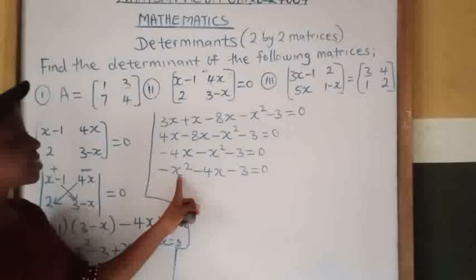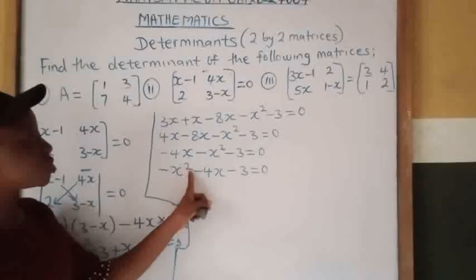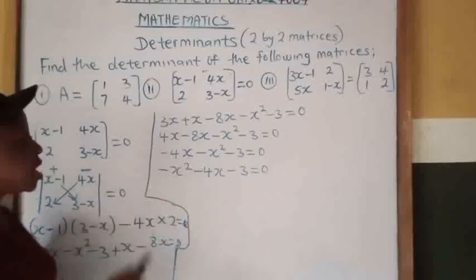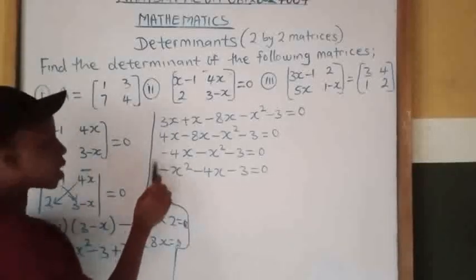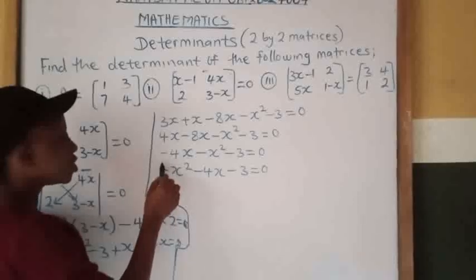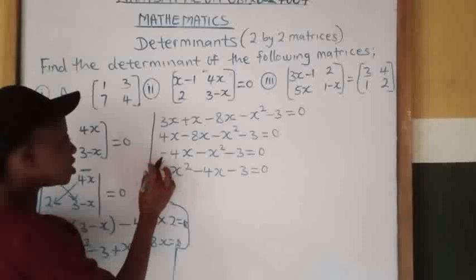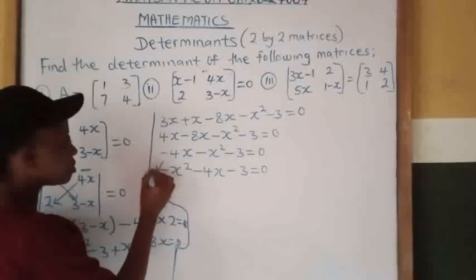So this is a quadratic equation because our x is raised to power 2. So we have to solve it quadratically. I don't want negative to come first, so I'm going to multiply this quadratic equation by minus 1 to cancel the negative sign.